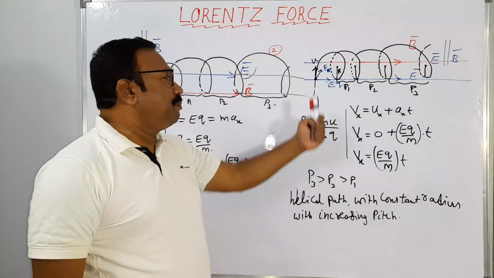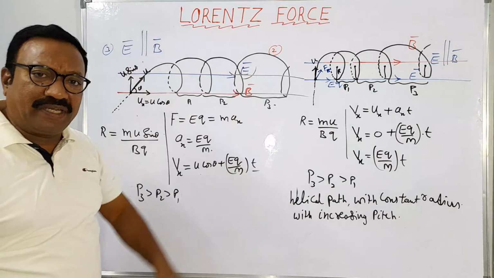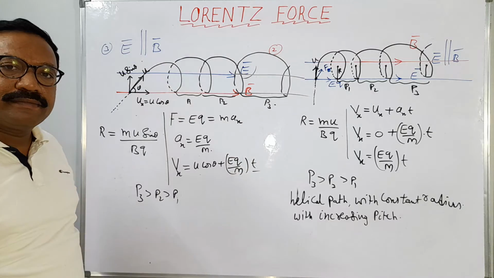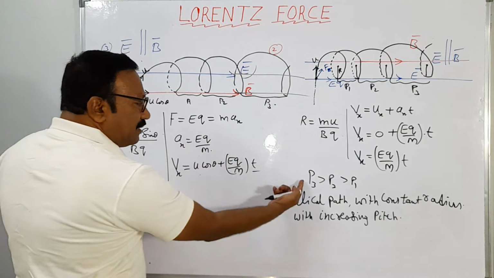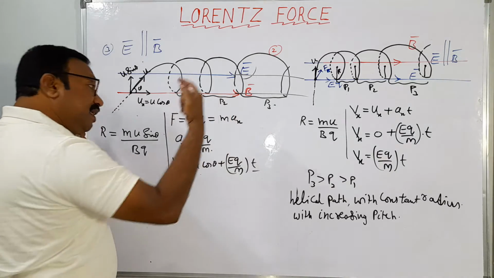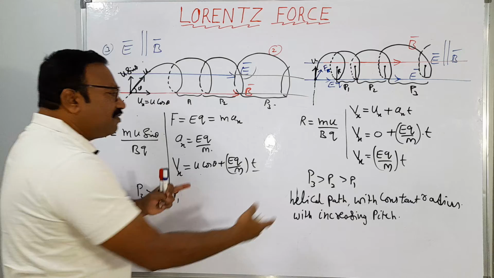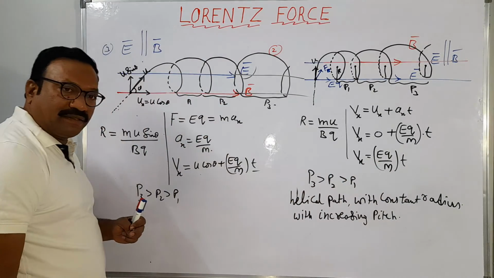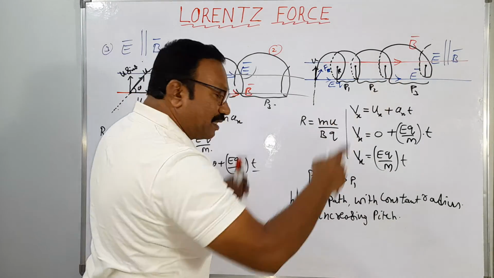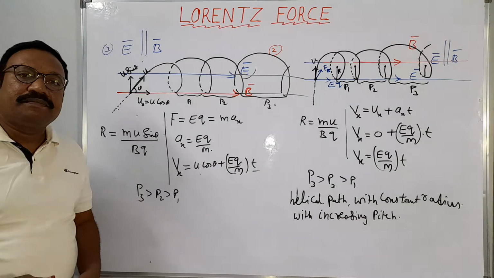Whether it enters perpendicular to the fields, or whether it enters at an angle theta with the fields, in both cases they do circular motion with constant radius, and their horizontal velocity will be continuously increasing. So they move in a helical path with increasing pitch. So common answer you have here.